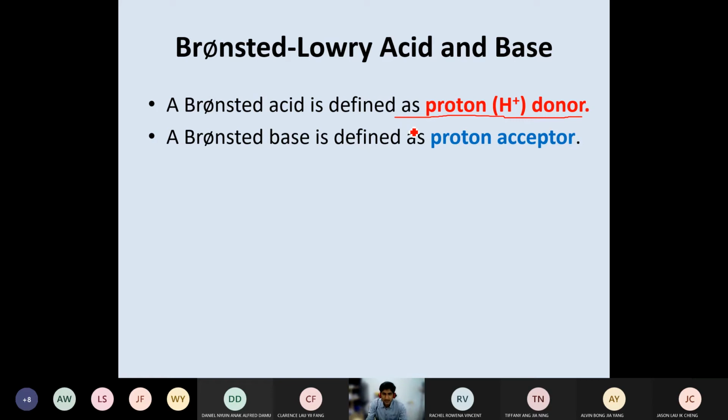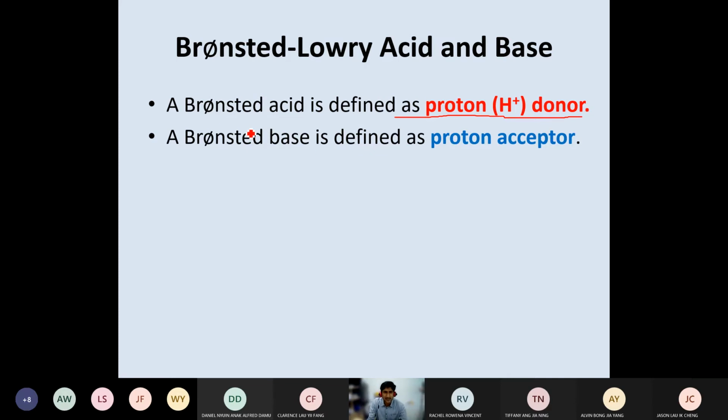Lewis acid accepts a pair of electrons, and the base donates a pair of electrons. It's just the opposite in giving and taking, and the unit is the electron for Lewis acid and Lewis base.